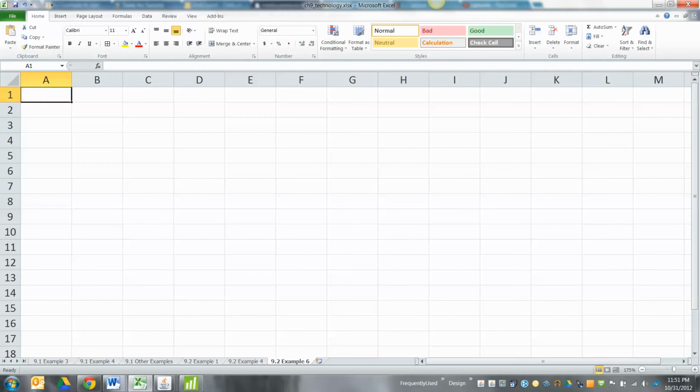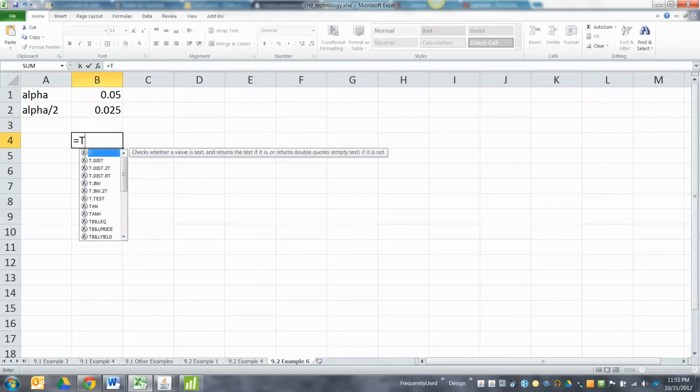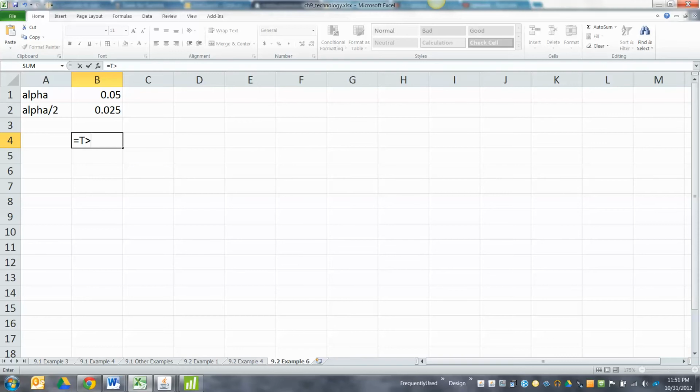So we want that critical value. So we want, remember, alpha was equal to 0.05. So alpha over 2 is equal to 0.025. So if you want to do this with Excel, you just go equals T.INV, and then the probability is 0.975.